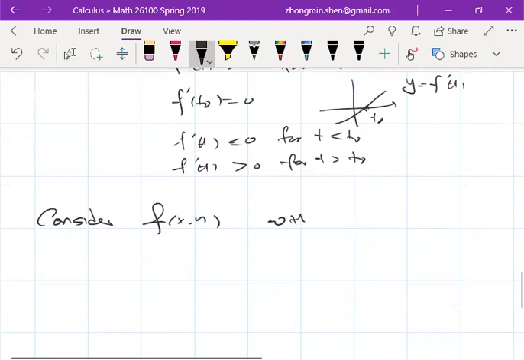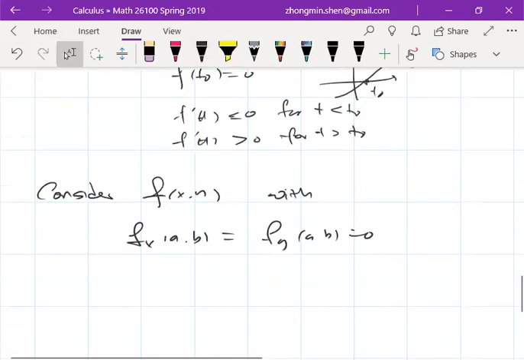We know that f prime at a, b, the partial derivatives, are all 0. So this is just my candidate. I want to know whether this function has a local maximum or local minimum. But if it's hard to check whether the function is greater than or equal to the function value at this point, how can I see that? I cannot tell from the partial derivatives.